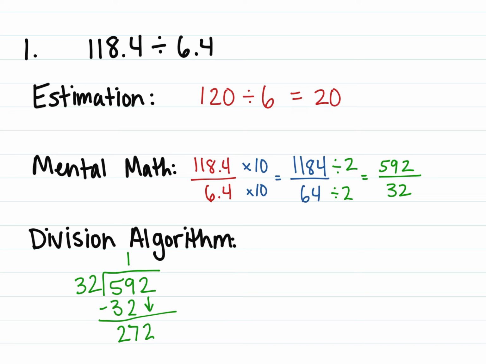Now I need to figure out how many 32s can fit into 272. I know 3 times 9 makes 27, but since I have 32, maybe I should try 8. 8 times 2 is 16. 8 times 3 is 24, plus 1 more makes 25.